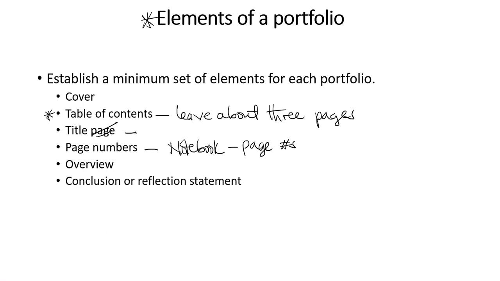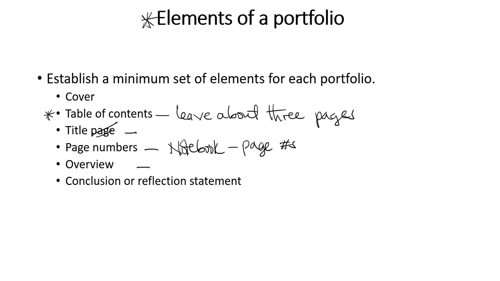If you are using a three ring binder, try as much as possible to put page numbers in there. But if it's impossible, that's fine. But you need to have a specific organizing principle, which makes it easy for someone to find material in that portfolio.